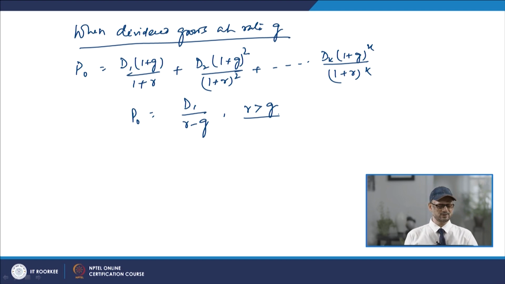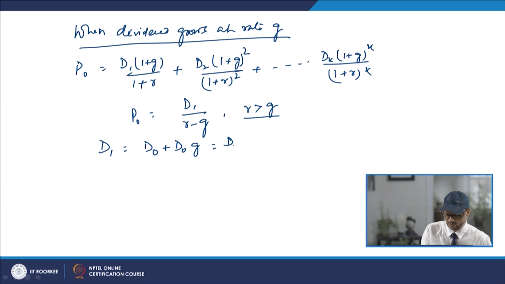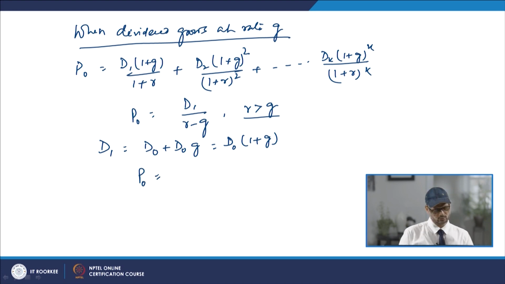Now, as we discussed, this D1 is nothing but D naught plus D naught g, so it will be D naught into 1 plus g. You can further modify this formula and write P naught as D naught into 1 plus g divided by r minus g.